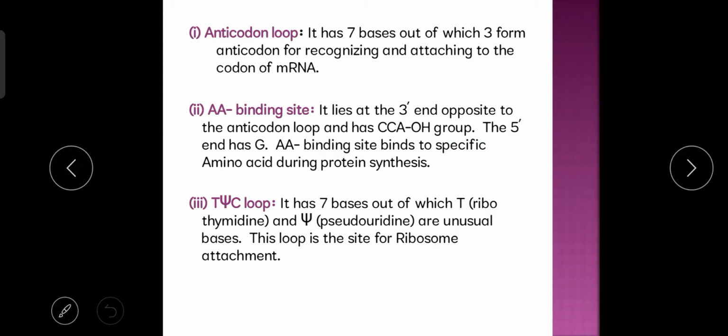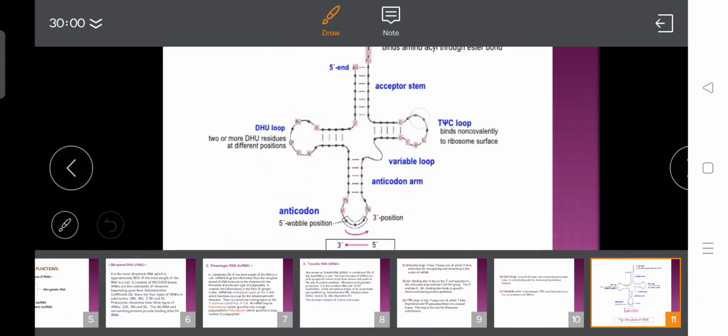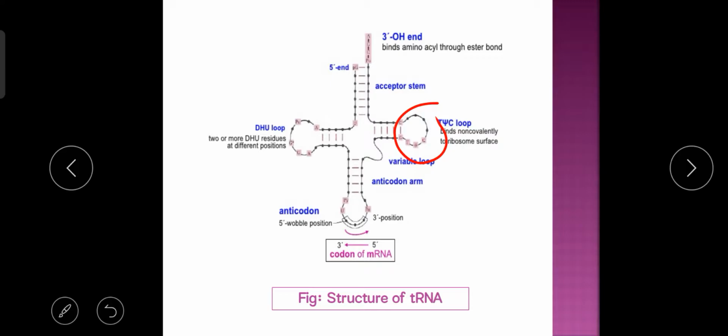Yes, see, the first arm is called the anticodon arm, or you can say anticodon loop. Which one is the loop? The balloon-like structure is called the loop. These are the loops in the structure of transfer RNA.